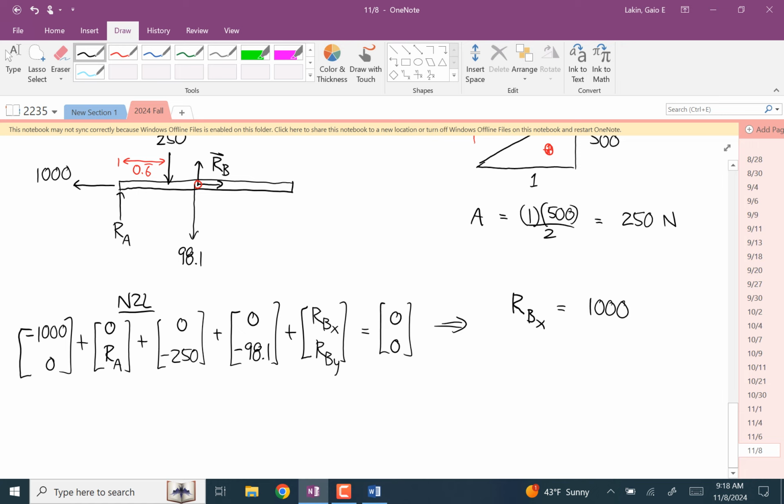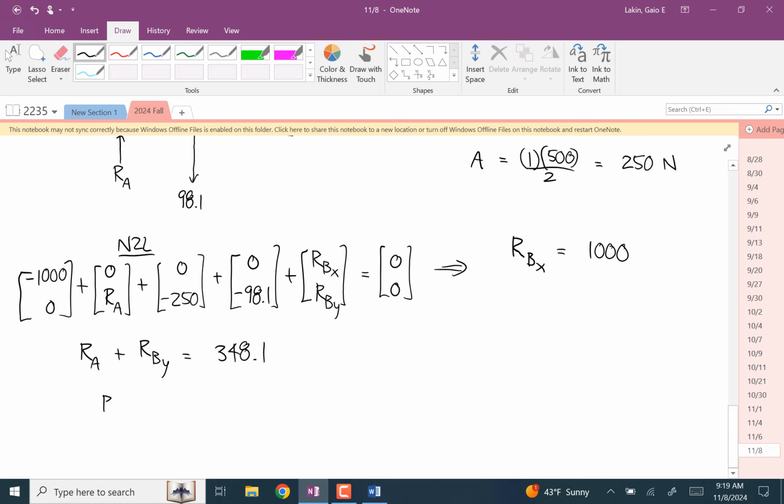And the second equation, the y equation, says RA plus RBY is equal to 348.1. We'll just have to set that aside and come back to it after we do the moment equation. Any questions about what I'm doing so far?